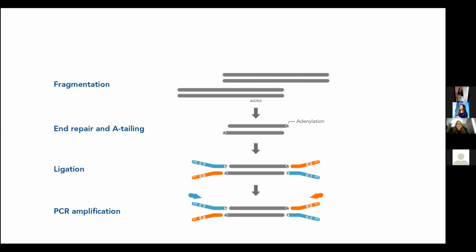Adapters contain sequences that are complementary to the sequencing primer, so they will serve as the site where the sequencing primer attaches. And they also serve for the identification of different samples, since we can sequence many samples at the same time.